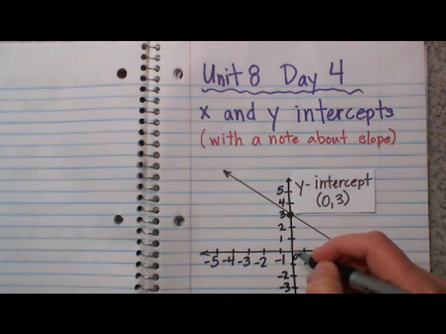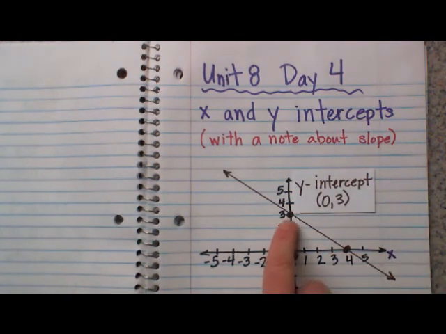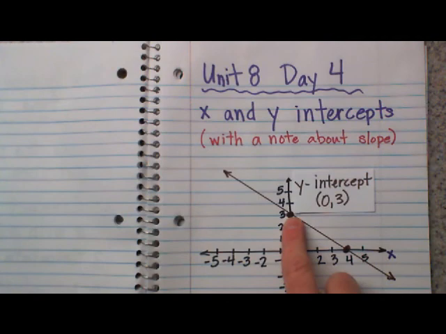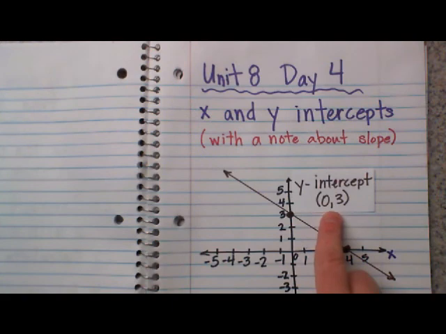Remember, this is x equals 0. So the only way it can cross the y-axis is when it's at x equals 0, which makes the x portion of the ordered pair a 0. To find the y portion, we just count up to where it crossed the y-axis, which was at 3. So the ordered pair for the y-intercept is 0, 3.